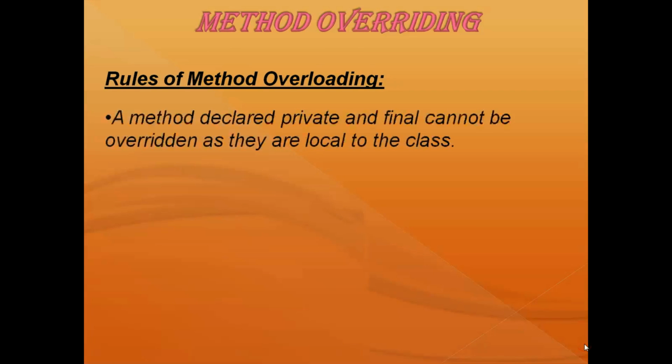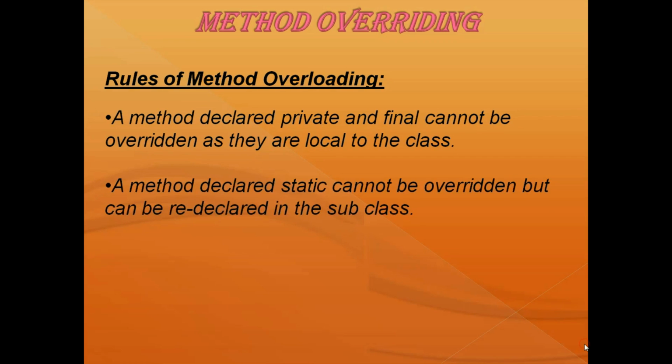A method declared private or final cannot be overridden. A method declared static cannot be overridden but can be redeclared in the subclasses. In this case, the subclass method would act differently and will have nothing to do with the same static method of the parent class.